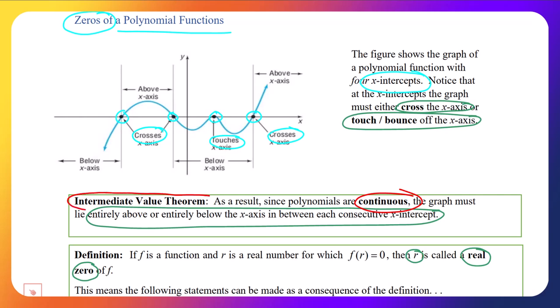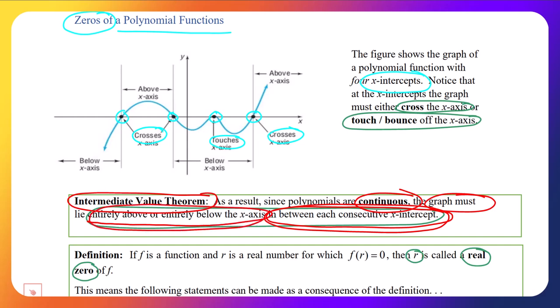The intermediate value theorem says between consecutive x-intercepts, the graph must be entirely above or below the x-axis.